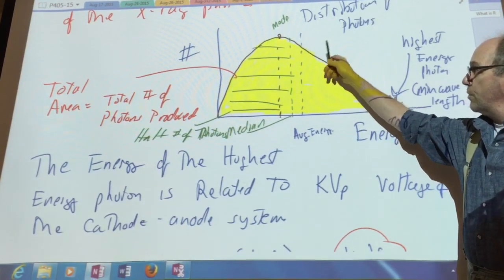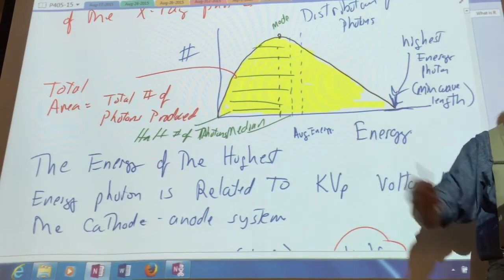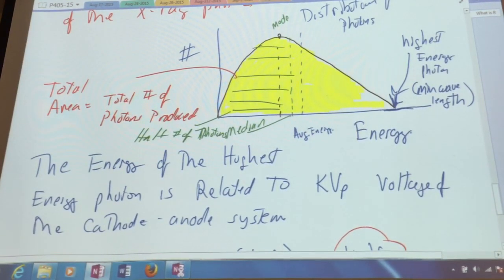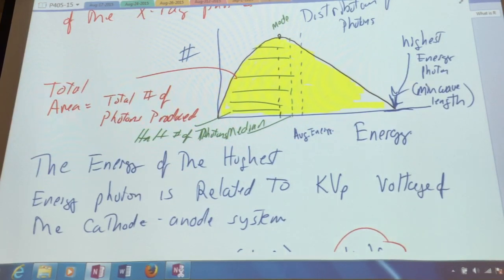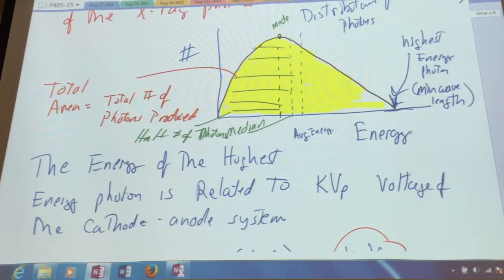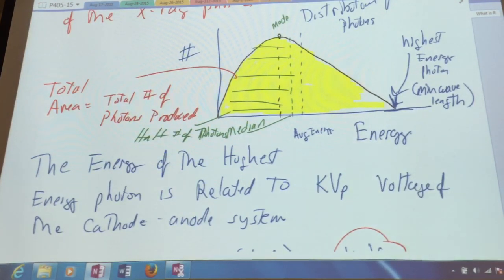So the mode is probably the least useful to us. Or you just look at the highest and lowest, divide by 2, and there's your average. We need some way of considering where the average energy photon is. It's kind of a strange idea. There's the highest energy photon, the lowest energy photon, and a photon with the average energy. Many times when we're talking about these distributions, we want to talk about what happens to the average energy photon. That's a great place to stop.